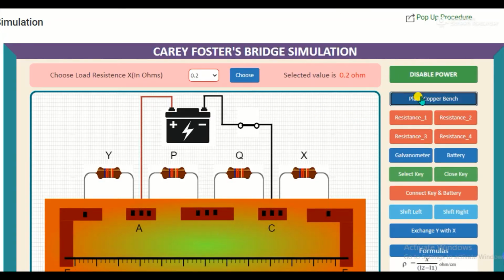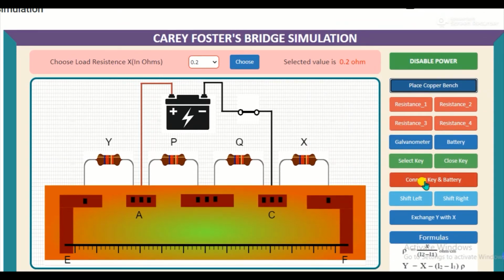It's already there. What changes? The circuit will remain the same. Select the key. It's now open, so obviously the circuit is incomplete. Connect. It is connected. Now close the key.